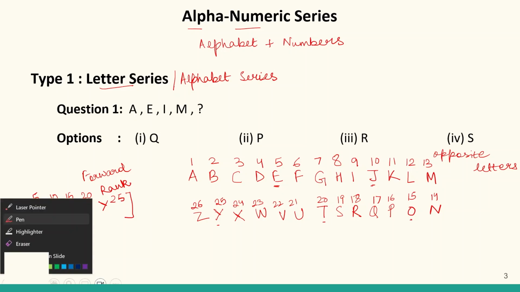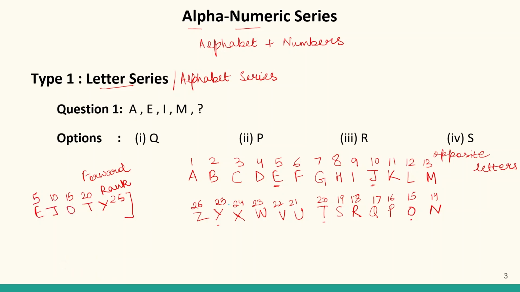Then we learned another concept called backward ranking. So in backward ranking, we rank them in descending order. So we start from Z, 1, 2, 3, 4, 5, up to 24, and A is ranked at 26.